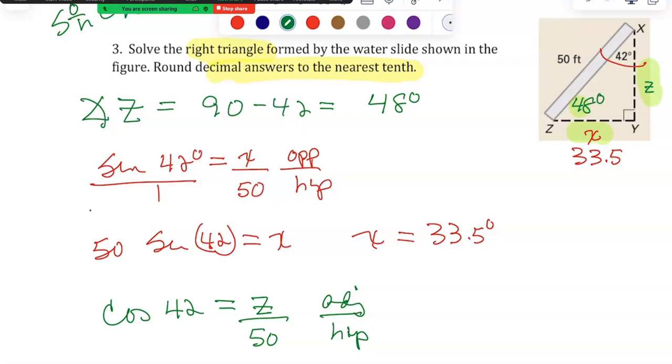Okay, so now let's do our cross products. 50 times the cosine of 42, close your parens, is going to equal z. So z equals 37.2. Okay, so I should not have put degrees here. I think I lost my head. So 37.2 is right here, and now we have all the sides of the triangle and also the missing angle.